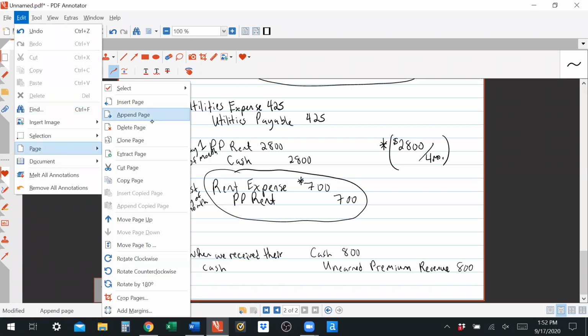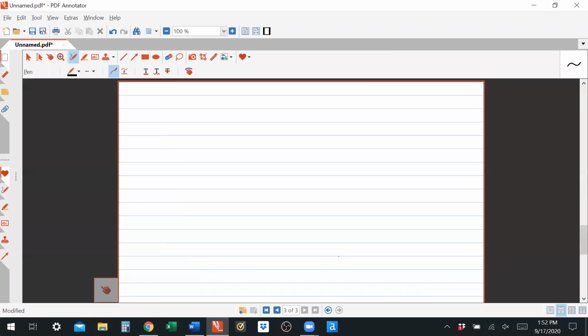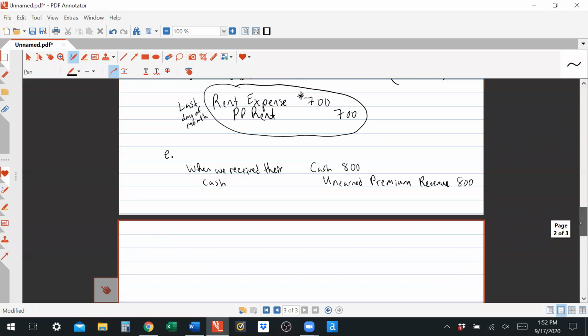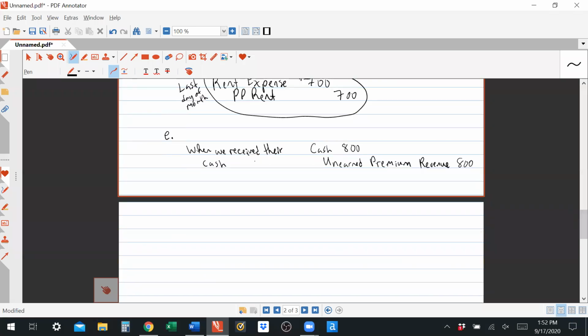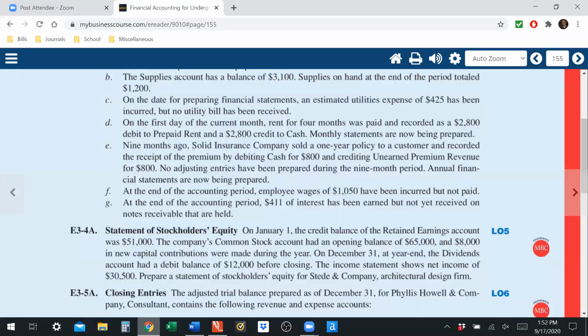Now the end of the month is here. No. This journal entry was made 9 months ago. It says here, no adjusting entries have been prepared during the 9-month period. Annual financial statements are now being prepared. So what's the adjusting entry 9 months later?